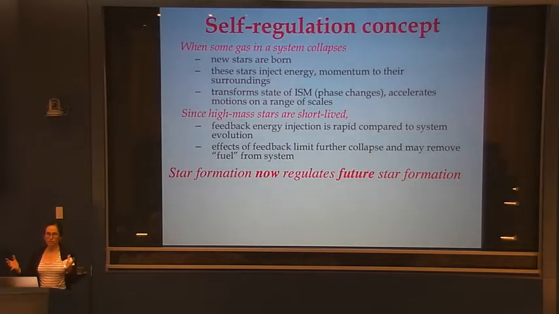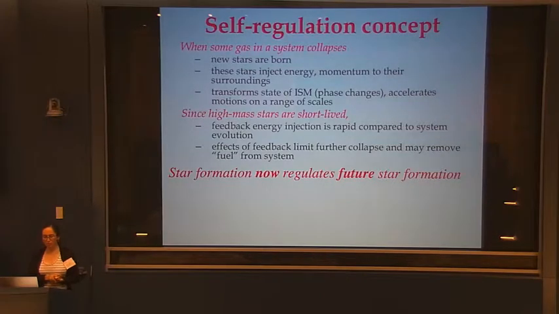That changes the state of the gas. That is, it can change it from being neutral to ionized, or dissociate molecules. That also accelerates the gas. So the feedback actually changes the state of the gas in important ways.